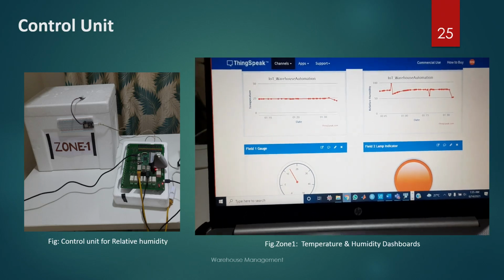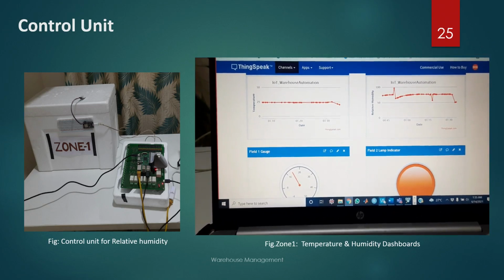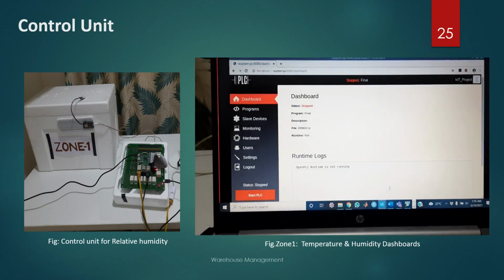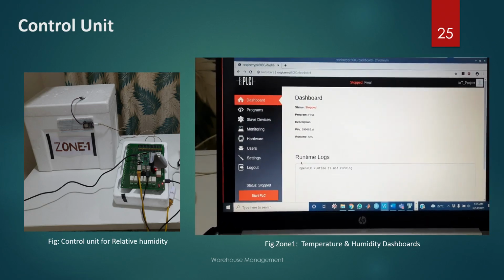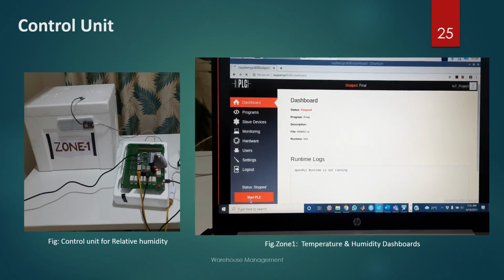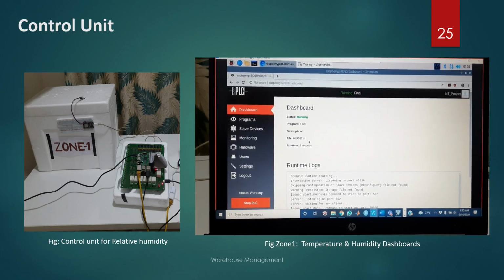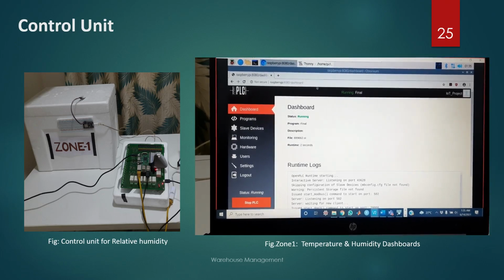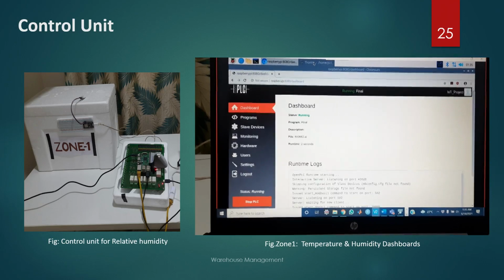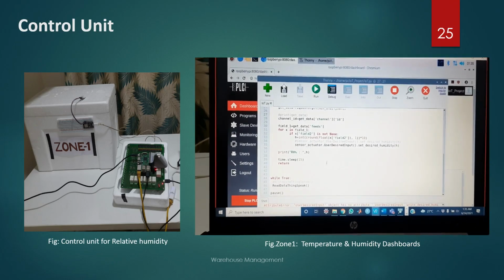You can see that there is also a smaller video here, right. You can see that this is the starting of the Open PLC, so that zone 1 can maintain its temperature. Now, it is running, right.